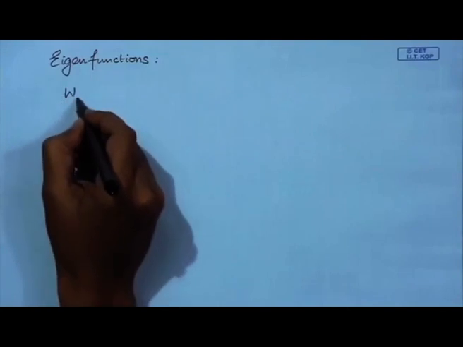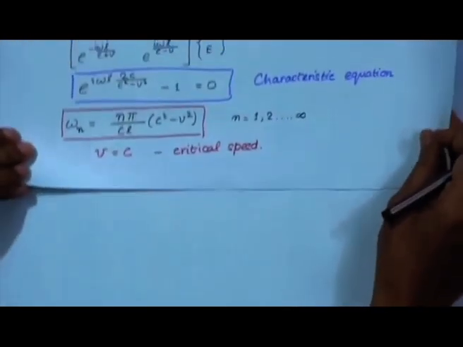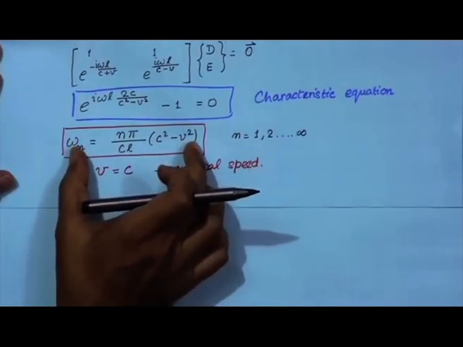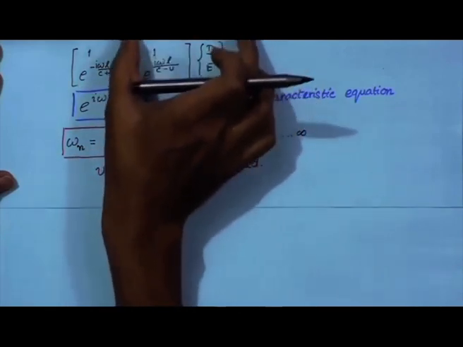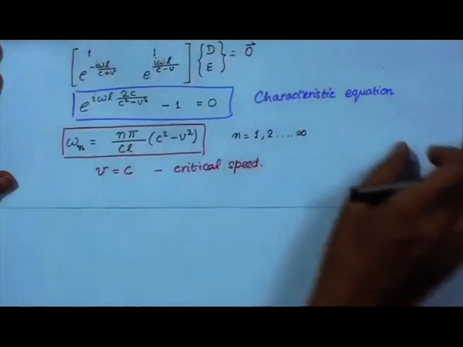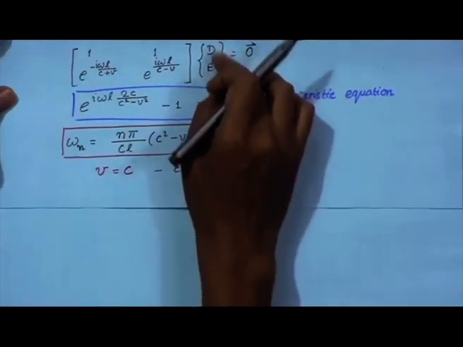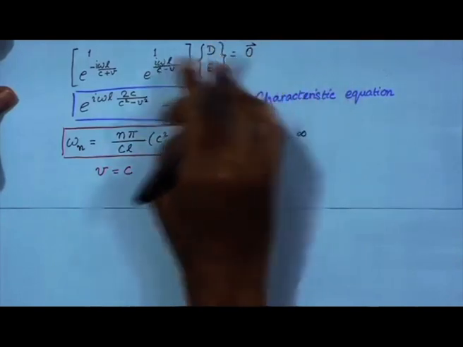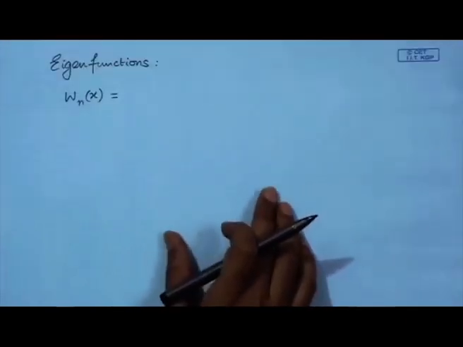So, these eigen functions therefore also get indexed, and if you substitute this omega n here and solve for d and e, and you use those values of d and e in this eigen function expression, this is straightforward.